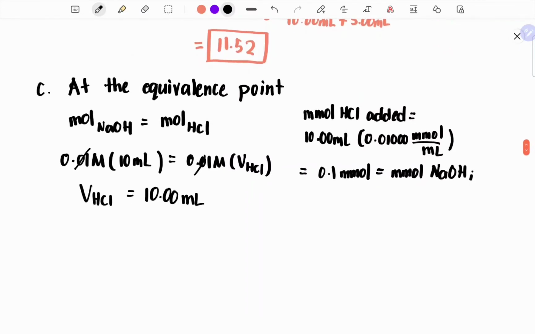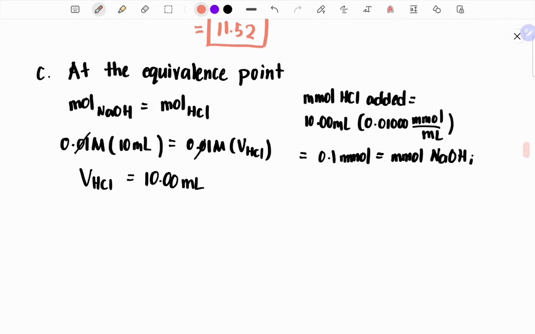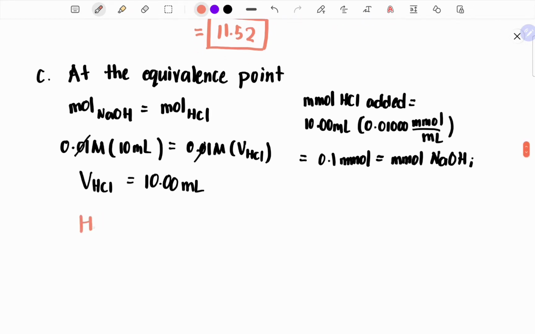So, the only other acidic or basic species left in the solution is water. If you recall, water is both acidic and basic because it can form hydroxide and protons.